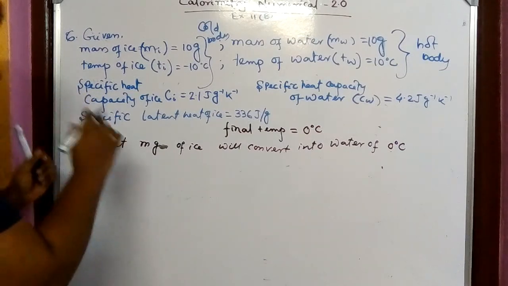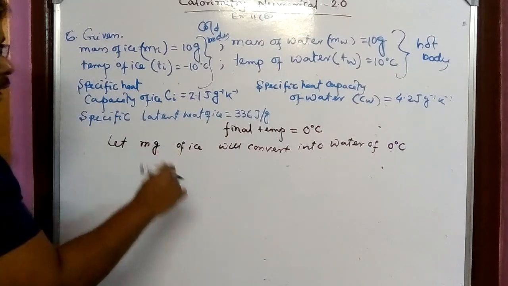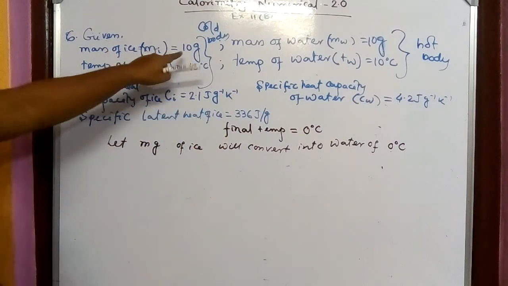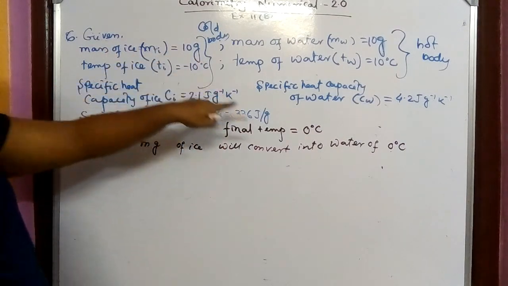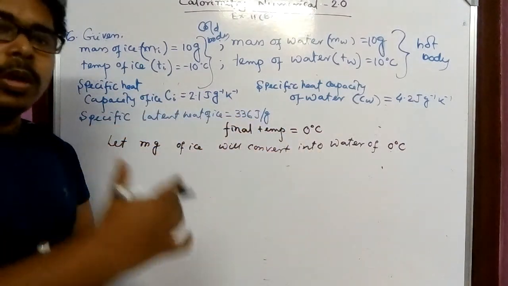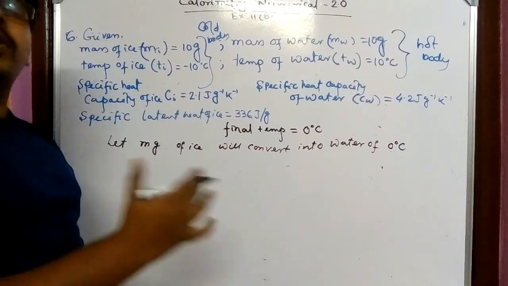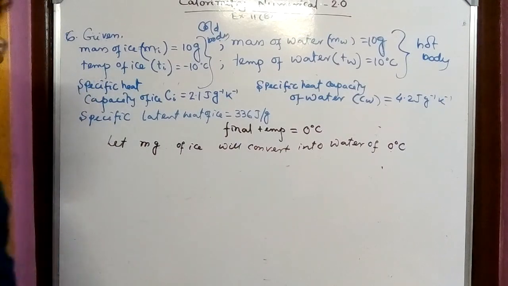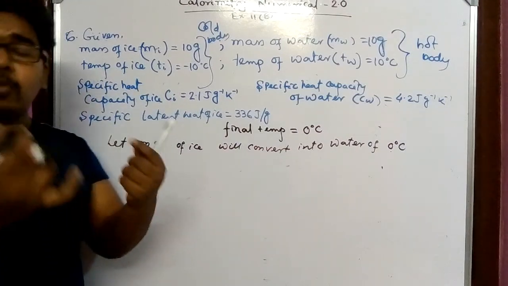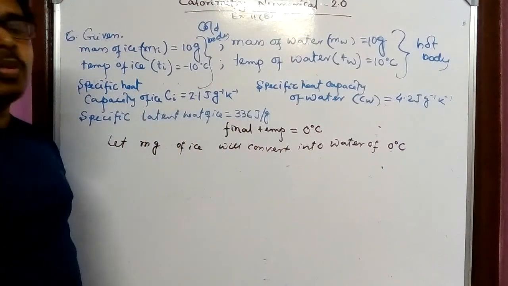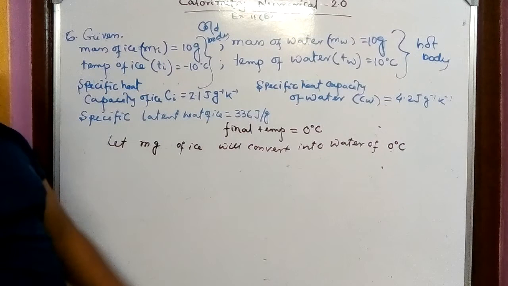Okay, m gram of ice will convert into water, and the rest of the ice will be at 0 degree centigrade. Only m gram will change its state. If you see the answer, you'll understand the result. We want to know how much of the ice will convert into water out of 10 gram.